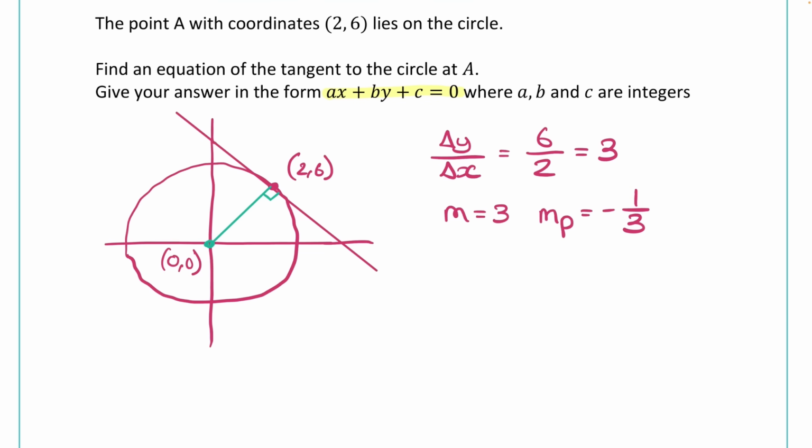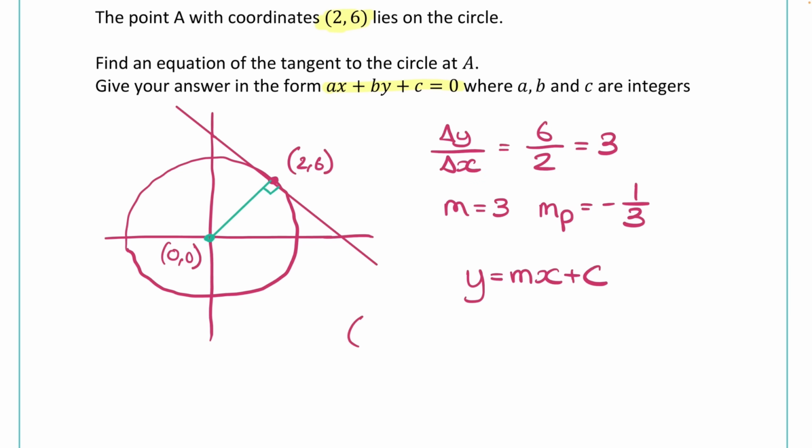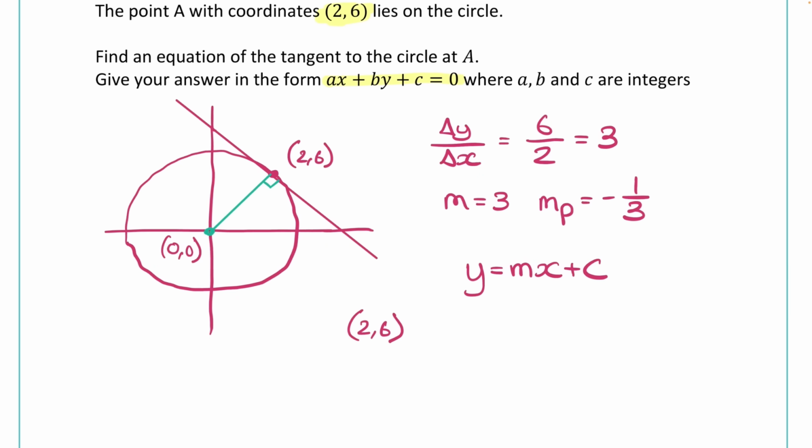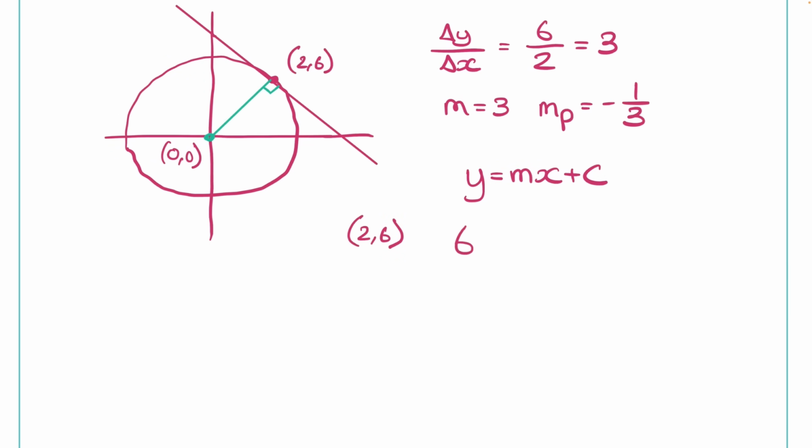The equation of the line will be in the form y equals mx plus c. And we have now a coordinate and we have a gradient. So we just put all the pieces in place. So the coordinate at 2, 6, I'll write it here so we don't forget the numbers, 6 is equal to minus a third times by the x coordinate 2 plus c.